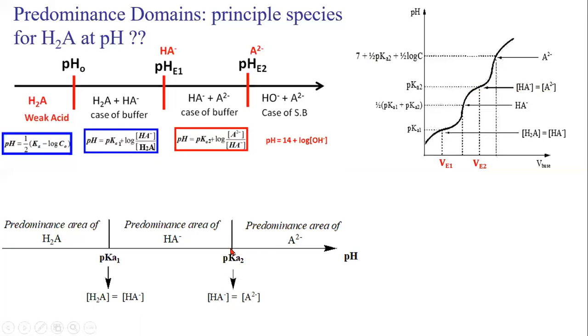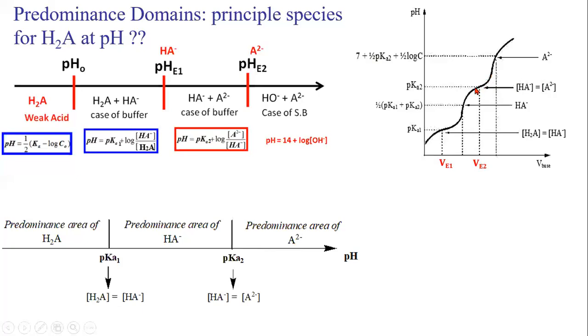So anything, let's look at it like this. Anything before this value, when the pH is less than pKa2, I have more HA minus, more of the acidic species. When the pH is greater than pKa2, I have more of the basic species. Okay? So if here they're equal to each other, as I become more basic, I'm going to get more A2 minus.